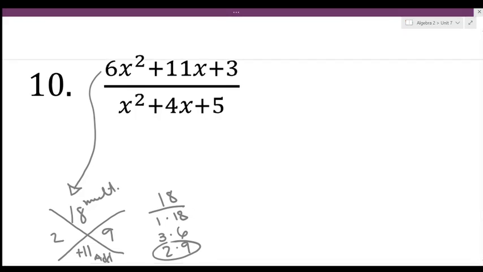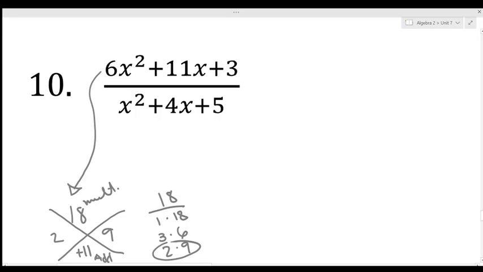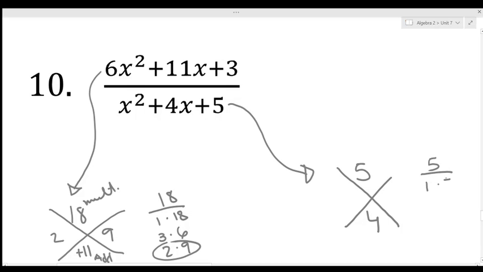Okay, but now let's look at the bottom. Let's see if we can factor the bottom. So we have to multiply to 5, but add to 4. Well, stuff that multiplies to 5 is 1 times 5, and that's it. Now, is there any way we can multiply to a positive 5, but add to a positive 4? Well, if I do positive 5 and a positive 1, when I add those, I get 6.